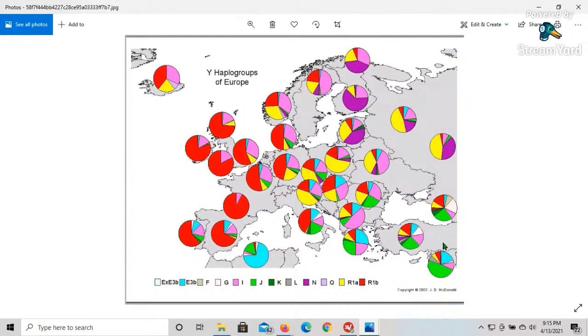And Turkey. So all the way from Italy to Iran is heavily Judaic in the Y chromosome, like about half the population, or at least a third of the population, which is a huge amount.